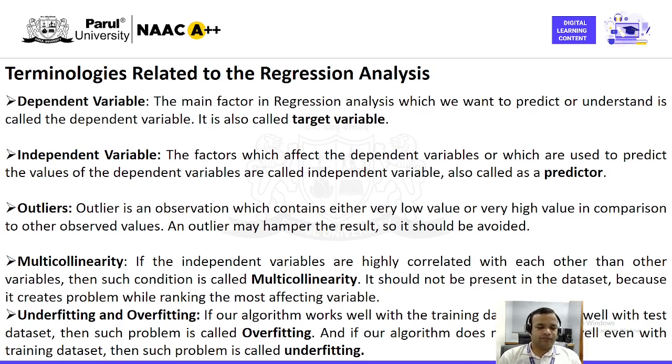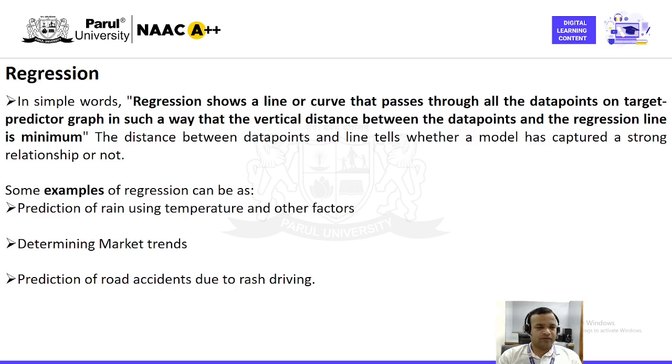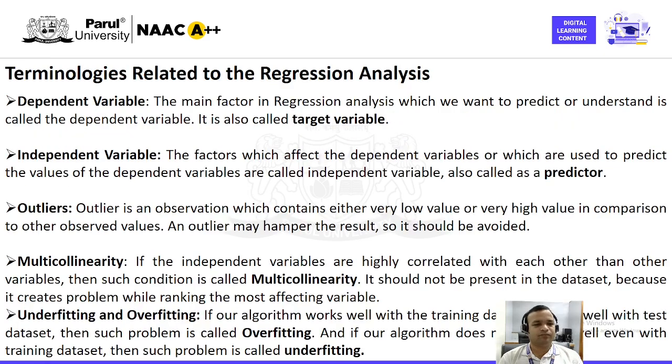For example, in the road accident model, road accident is called the dependent variable, because we want to develop a road accident predictor. There are some other variables, and on the basis of these variables you can develop the predictor.